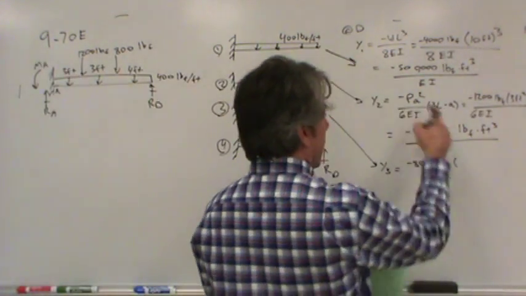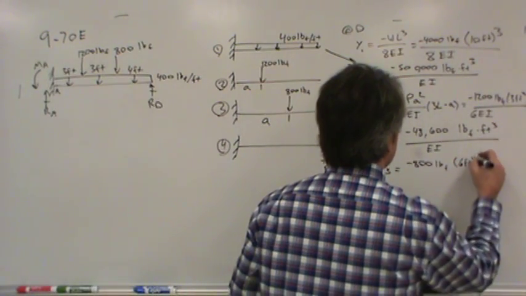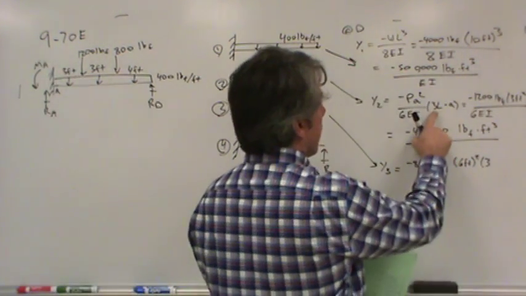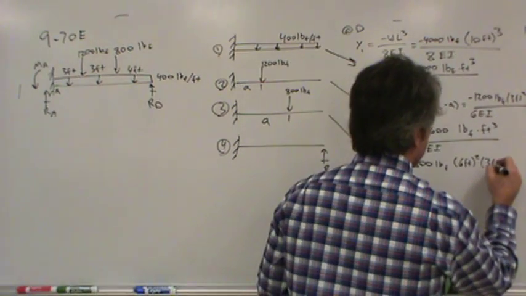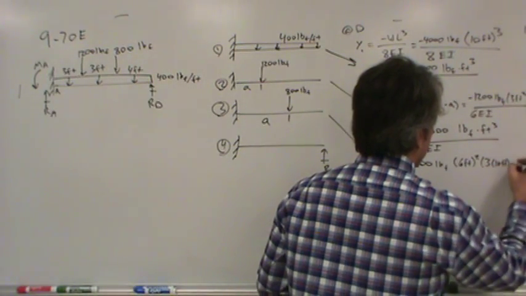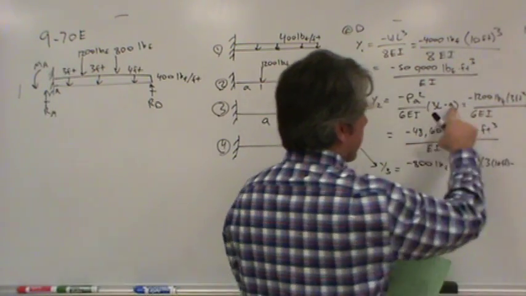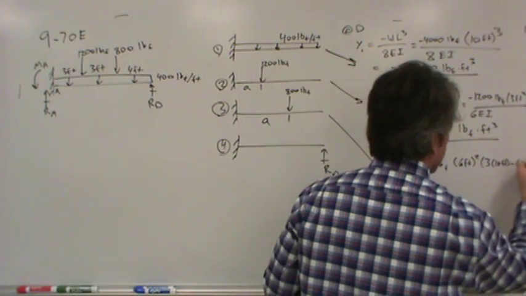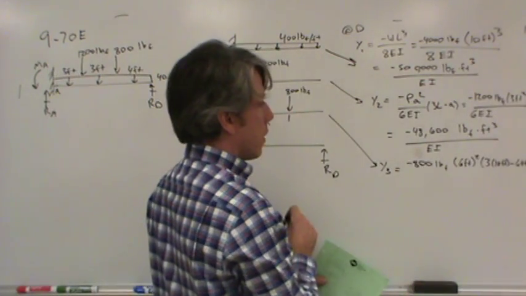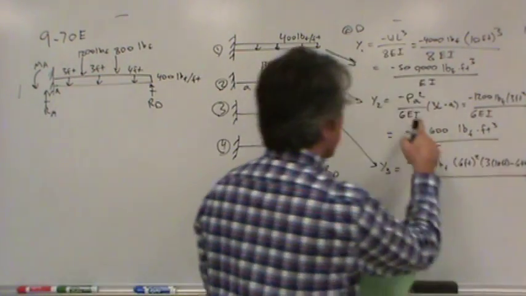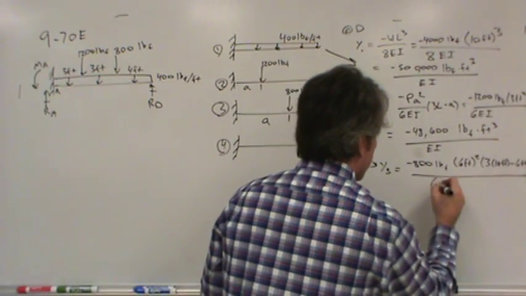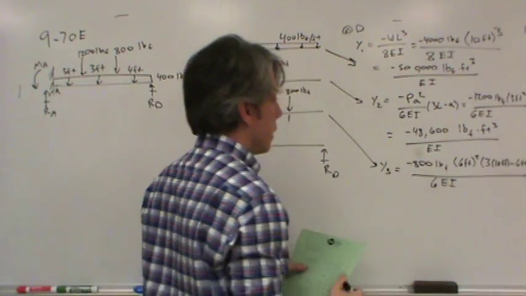So let's see, A, 6 feet, squared times 3. L is the length of the beam still, so that's 10 feet minus A. This time, instead of before when A was 3 feet, now A is 6 feet. That takes care of the numerator over 6 EI.